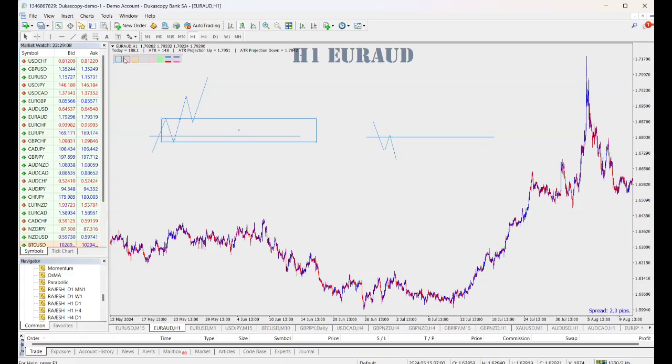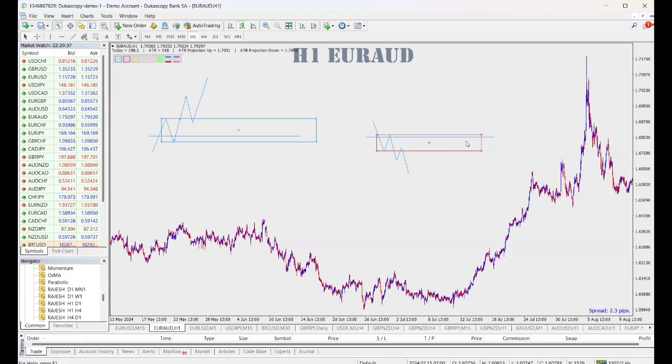At this point, we have an FTR. But then once price comes back and tests our FTR, and then price goes lower, we get a lower low made, then what was once an FTR now becomes a flag limit.